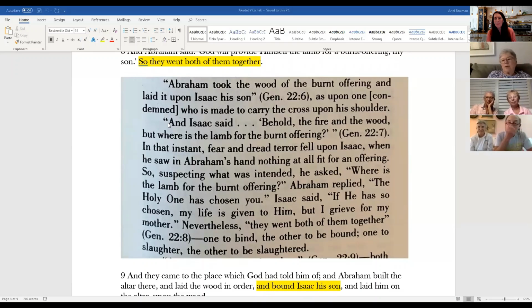I've always had so much trouble with this story. I mean, the biblical story. I think the rabbis did and everybody did, but they're right now commenting on not the essential part, although they did put into Isaac's mouth the worry about his mother.